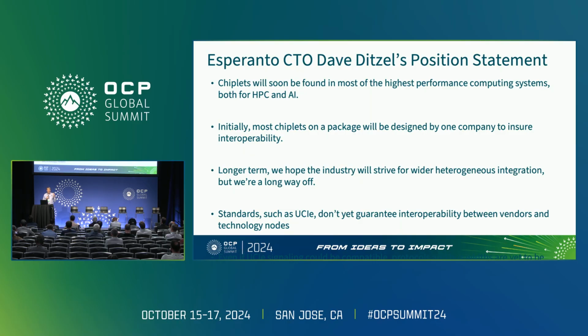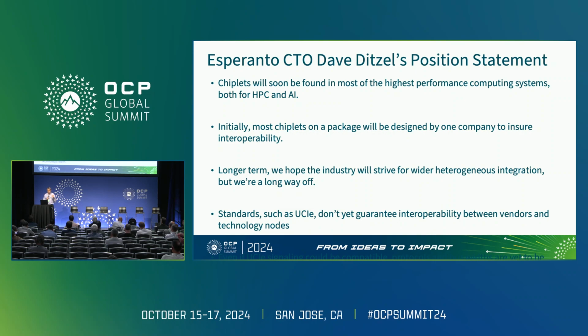Now, although I say you'll see lots and lots of chiplets, the reality of chiplets today is that the successful chiplet solutions are all almost entirely done by a single company, basically building all the chiplets themselves. If you look at an Apple or AMD or Intel, they've all got chiplet-based solutions, but they do their own chiplets themselves.